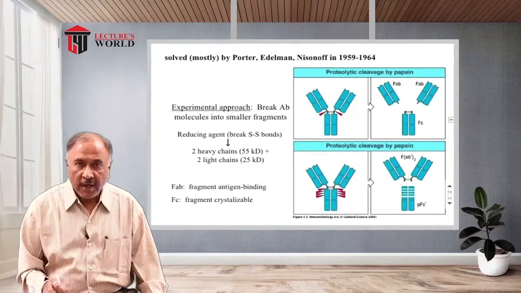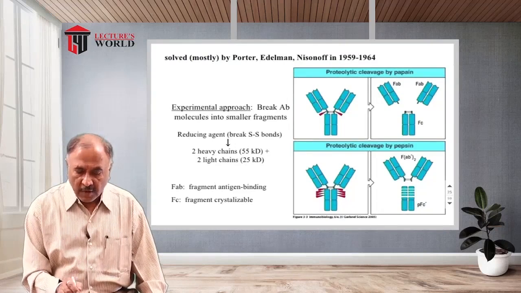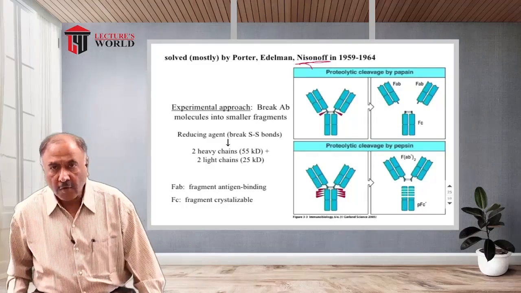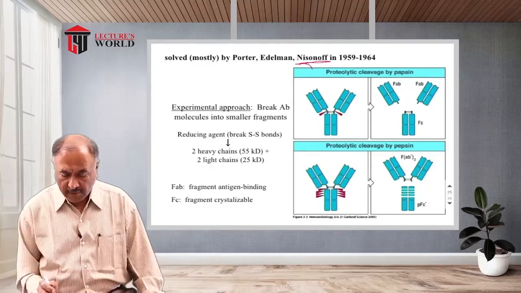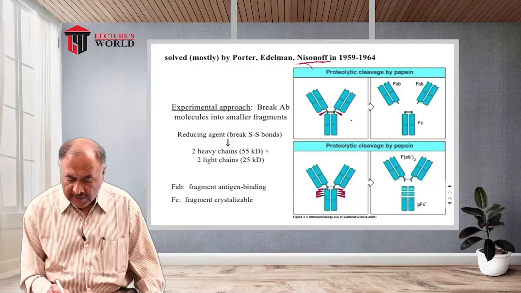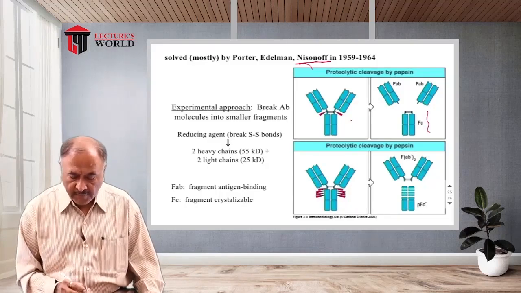This is shown in the diagram, the puzzle solved by Porter, Edelman, and even another scientist, Nisonoff. This is the cleavage by papain. As you can see in red color, papain is acting here. So what you have got is fragment antibody, two fragments, and this is fragment crystallizable.